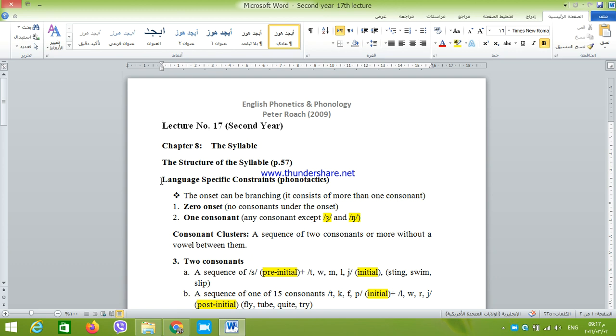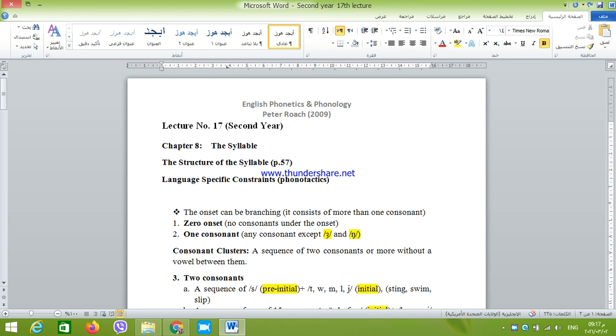The first one is called language-specific rules, or sometimes called language-specific constraints, or language phonotactics. So what do you mean by language phonotactics? They are the rules that apply to one language but not to all languages.